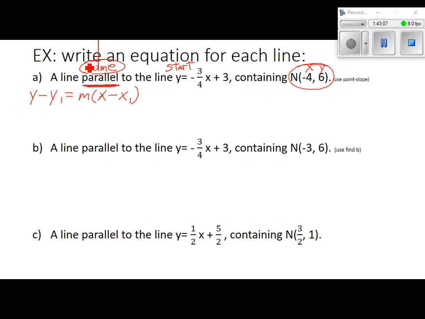Well, if the 2 lines are parallel, the slopes have to be the same. So if I look at this line, the line that it's parallel to, the slope of it is right there. Then that means the slope of the new line has to be the same. So it's negative 3/4. And all I'm going to do is stick those things into these 3 spots.